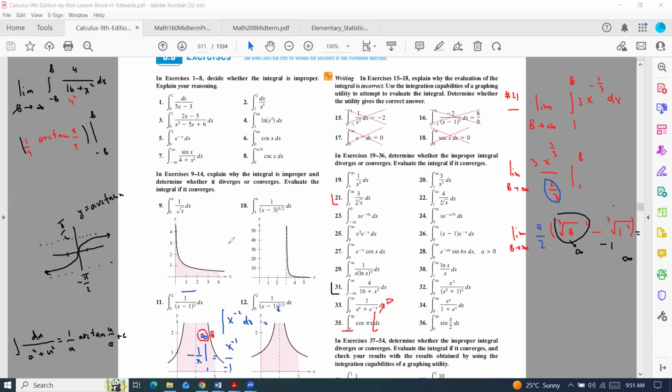What does that mean? So if you take your plus b and minus b, the pieces will be the same. The areas will be the same, but they will cancel each other out.